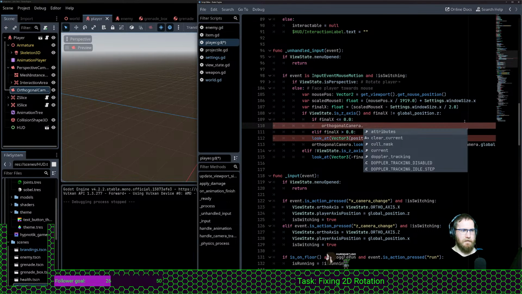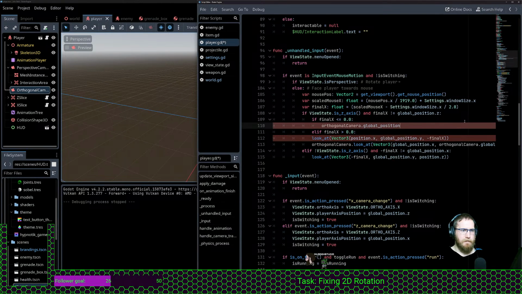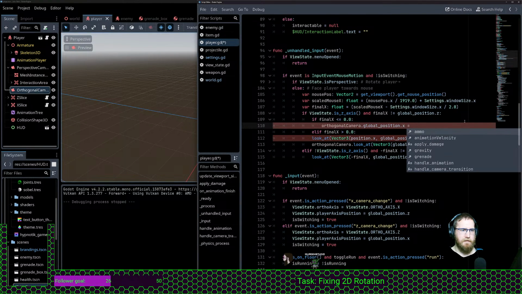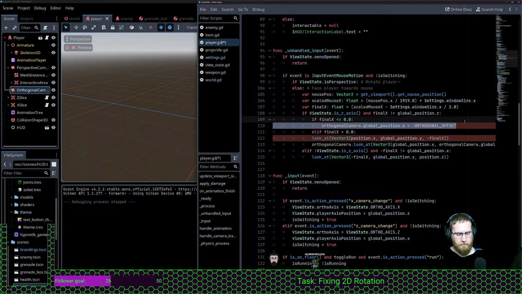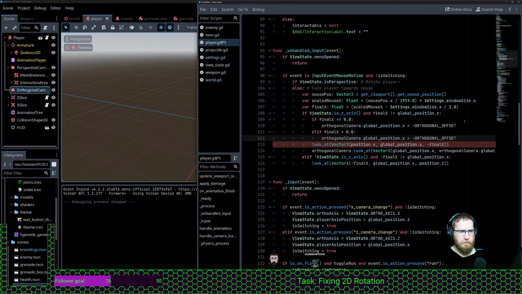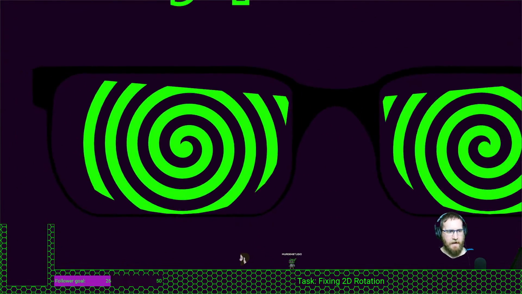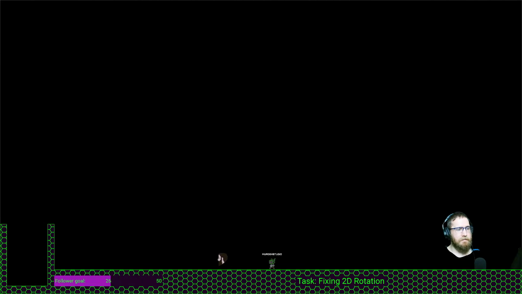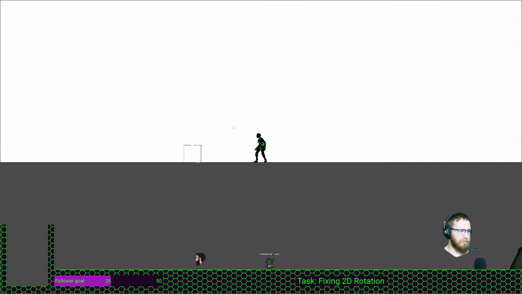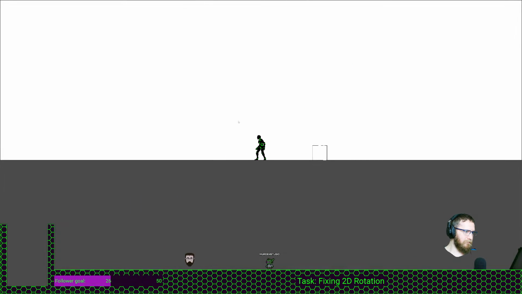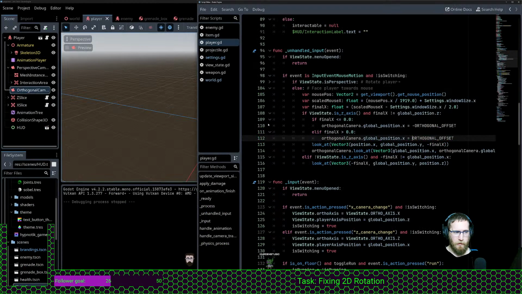But okay, I need the x to equal negative orthogonal offset. Let's have a look at what this does. See if this fixes everything. I doubt it will. Nope. That made things worse.